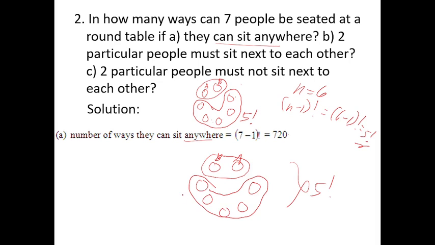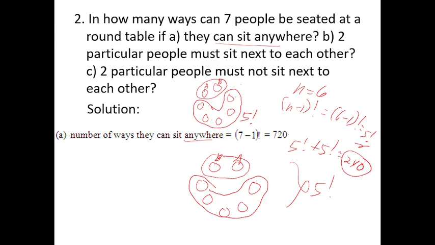Bago na naman pattern. So, i-add natin yung dalawa. 5 factorial plus 5 factorial. 240. 120 plus 120. Yun ang total number of ways.